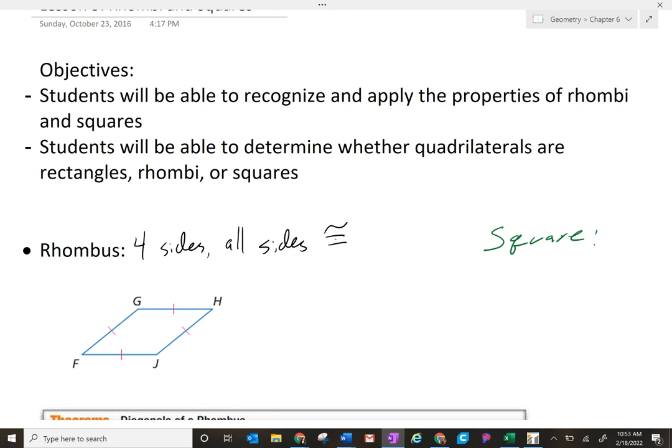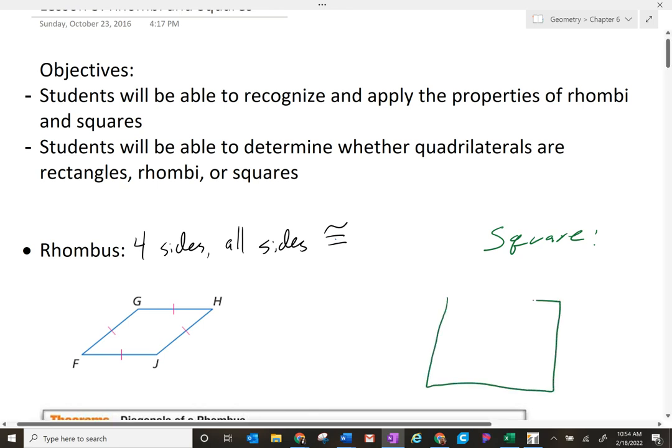So with a square, what do you know about squares? Okay, so in a square, again, not a great picture, but you get the idea. All sides are equal, and all angles, I'm going to put a little angle sign like that, are 90 degrees.